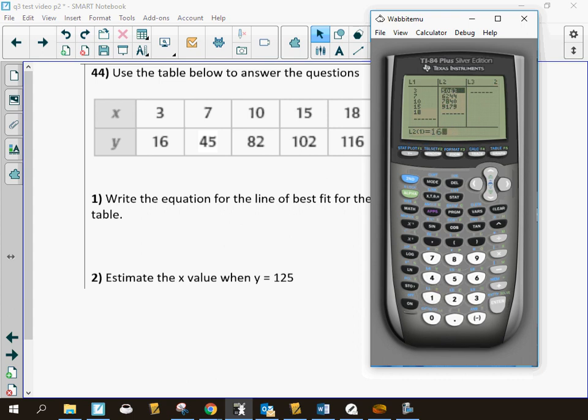Corresponding y values are 16, 45, 82, 102, 116. All right. Stat, calc, line of best fit, calculate.